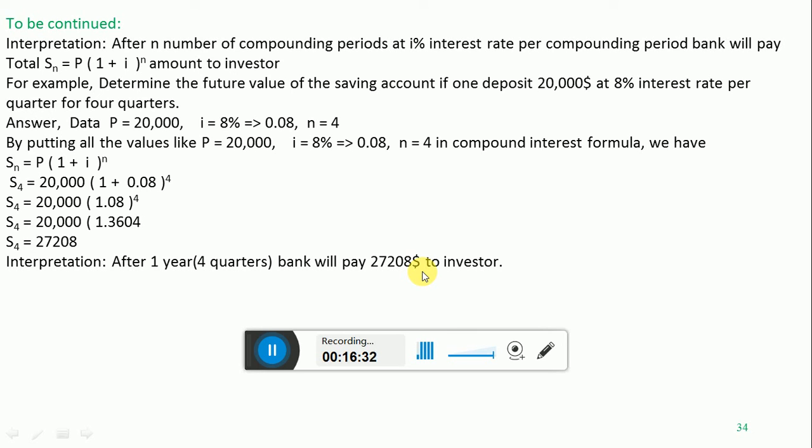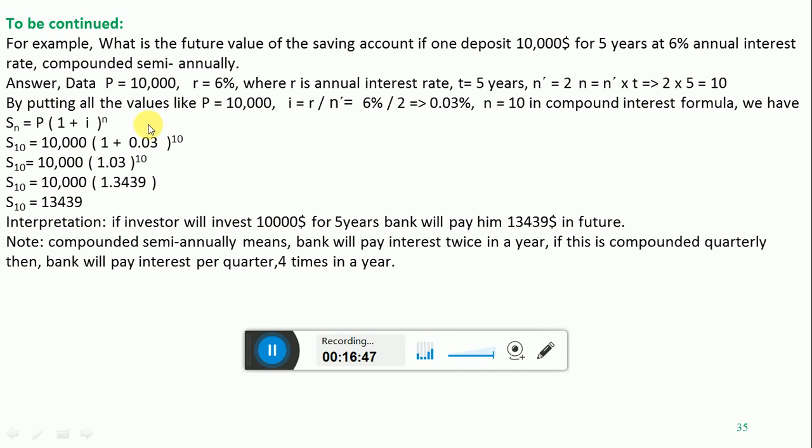I am again repeating that if the investor deposits $20,000 at 8% interest rate per quarter for 4 quarters, then after 4 quarters the bank will pay him a total of $27,208. To be continued. I am putting another example.